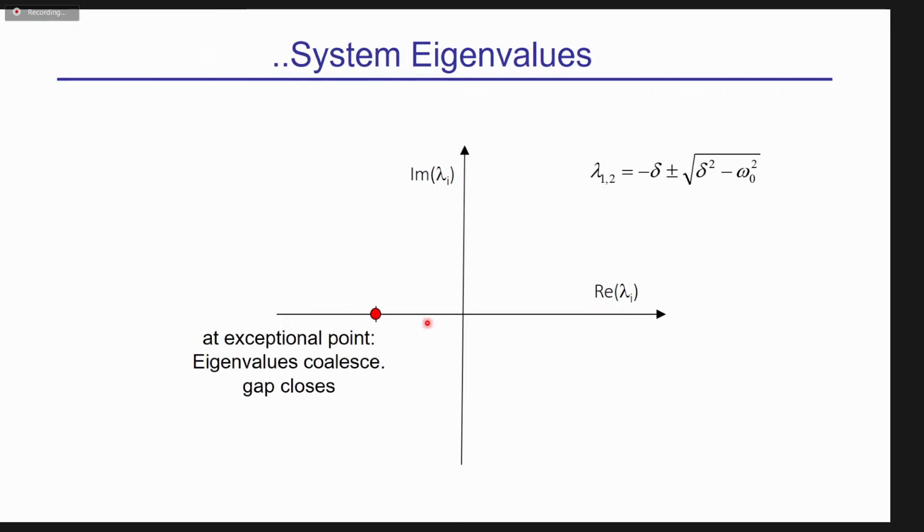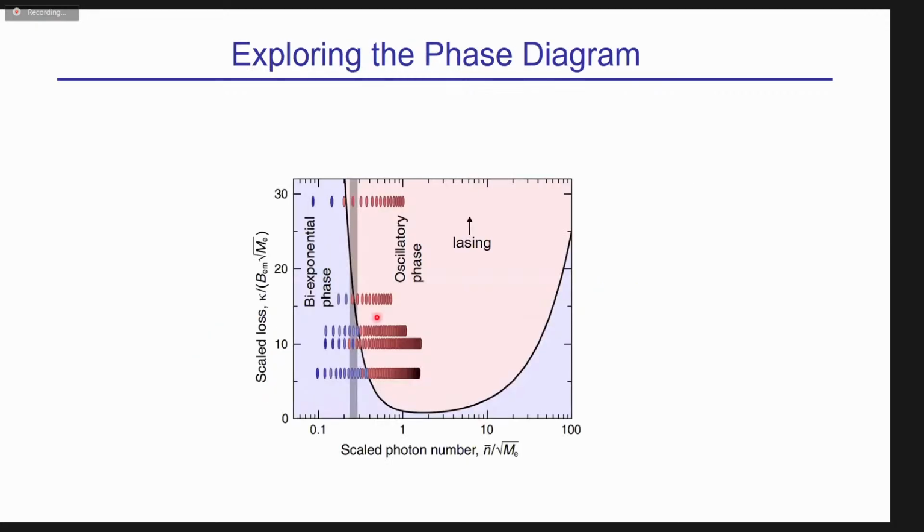And at the exceptional point, the eigenvalues coalesce and the gap closes, and then we become very sensitive. So with a small parameter variation, we very rapidly are in the oscillatory or the bi-exponential phase. And that's what one usually expects at a phase transition. Okay, this is looking at the phase diagram in more detail.